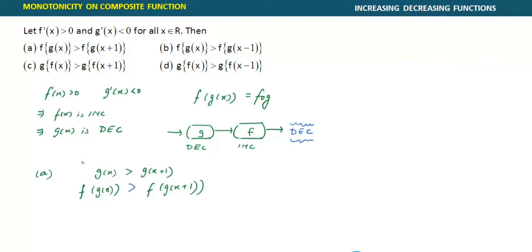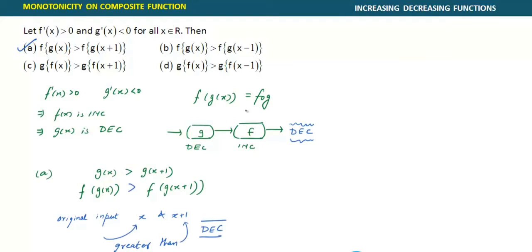The original inputs you were comparing were x and x plus 1, and the value of the composite function at x comes out greater than the value at x plus 1. So this becomes a decreasing machine. Proved. So option A is correct.